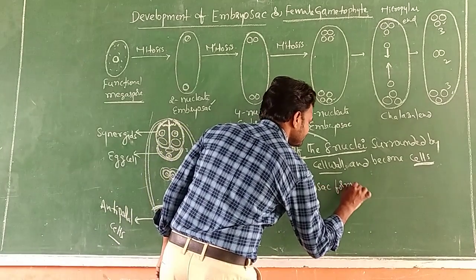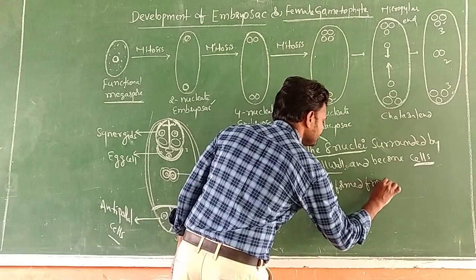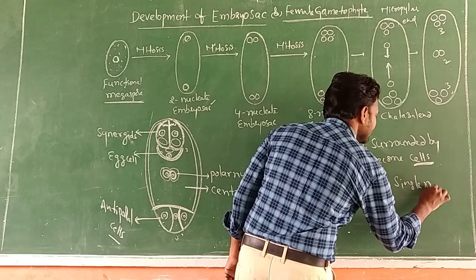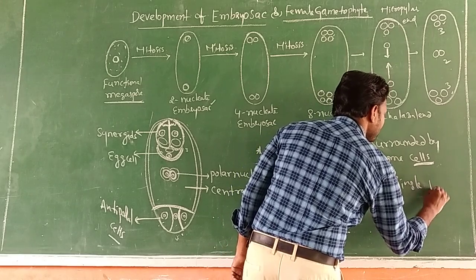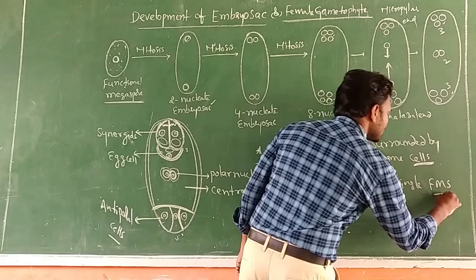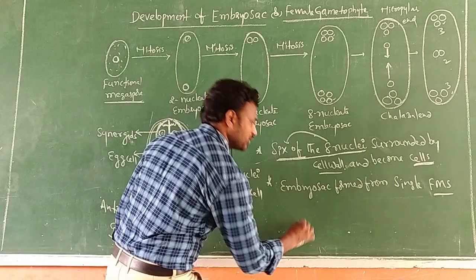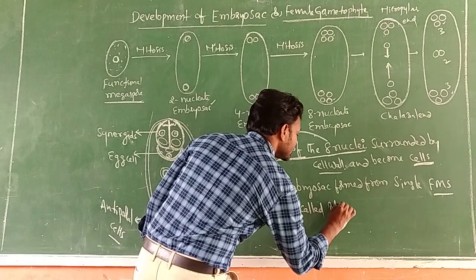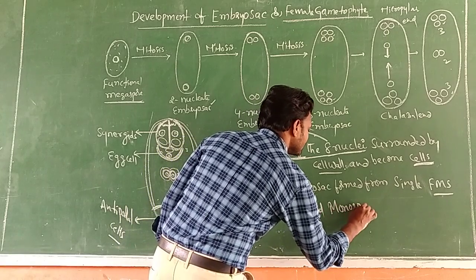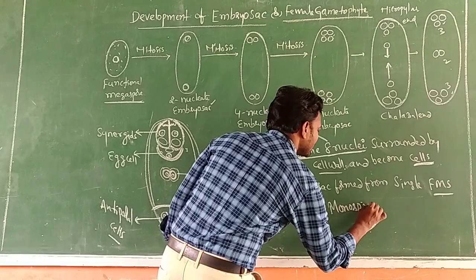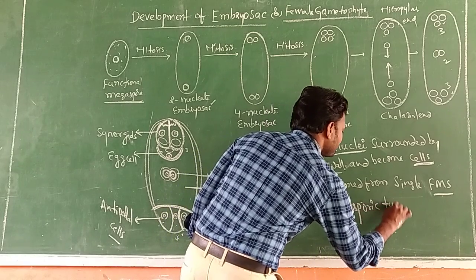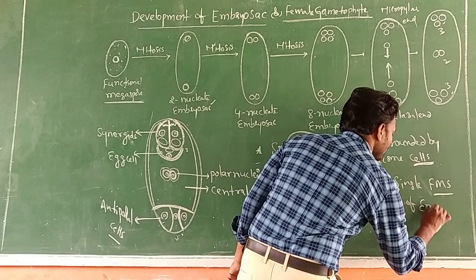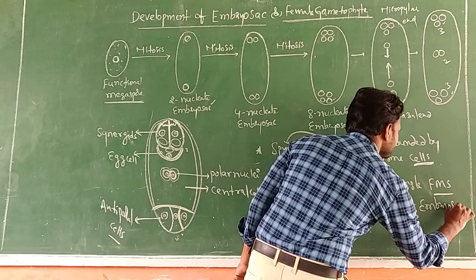Embryo sac formed from a single functional megaspore is called monosporic type of embryo sac development.